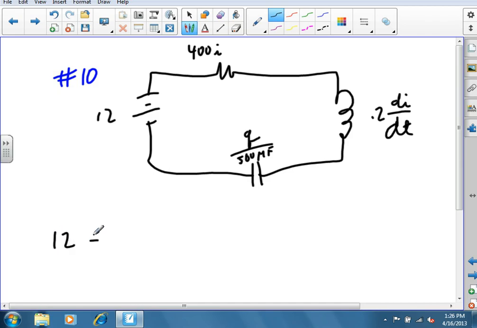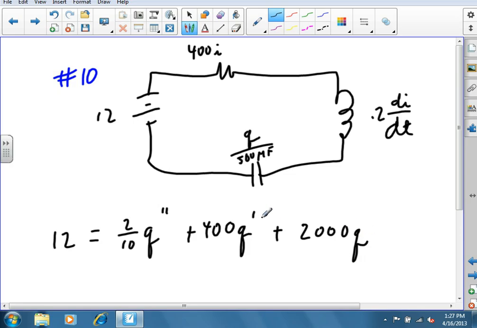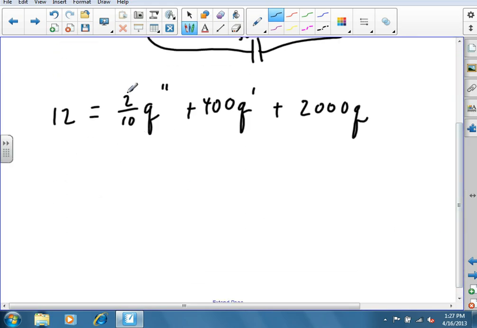So I've got 12 is equal to 2/10 Q double prime plus 400 Q prime plus 1 over 500 times 10 to the minus 6, which is 2,000 Q. All right, I'm going to multiply by 5.